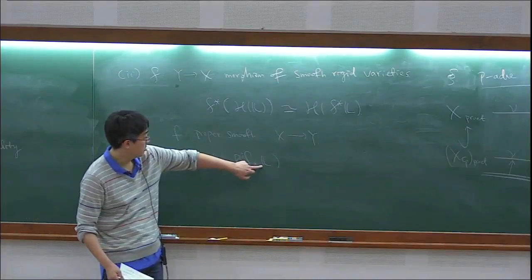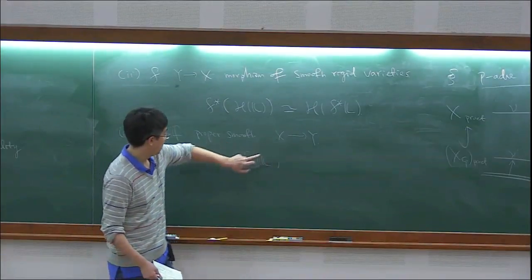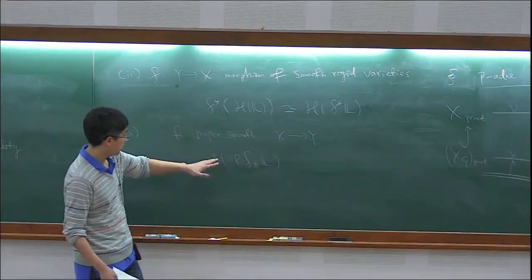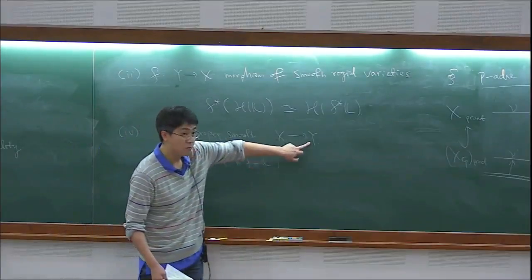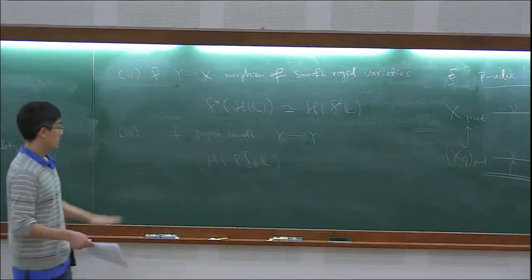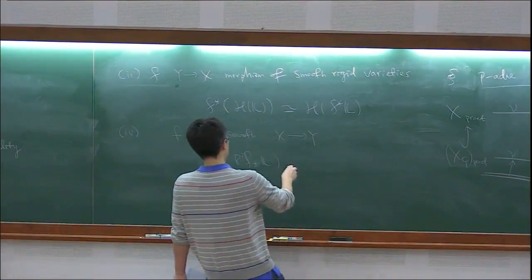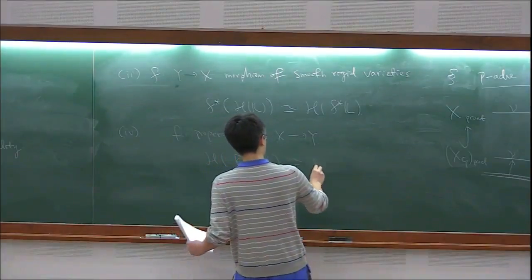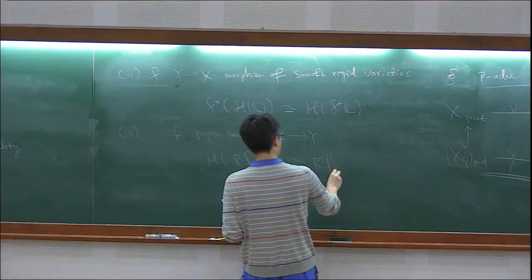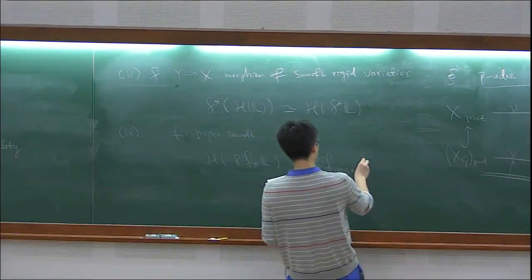If we start from a local system on the étale site of X, you take a higher push forward, you always get an étale local system on Y. Okay, this is not known for rigid varieties before. We just recently proved that. Then we can apply this Simpson correspondence, this functor is isomorphic to the R f_{Hig*}.